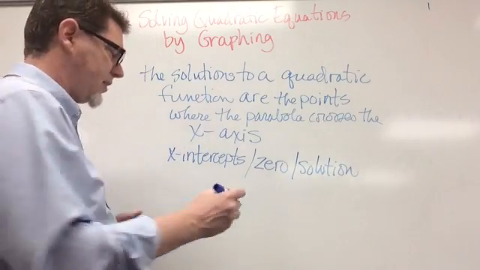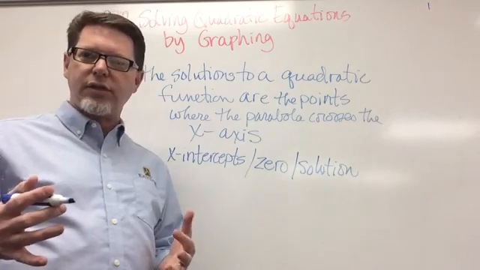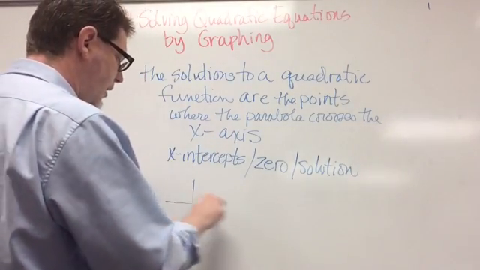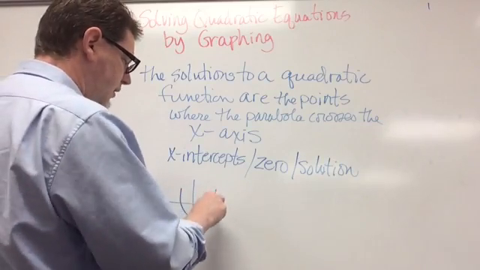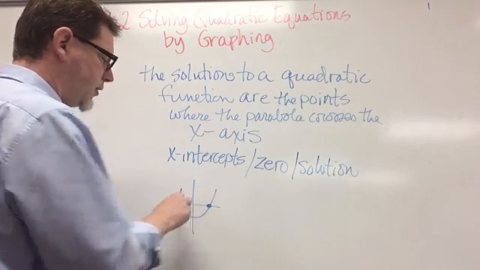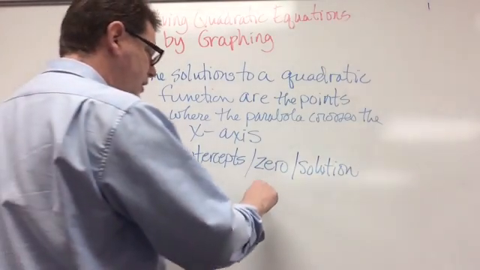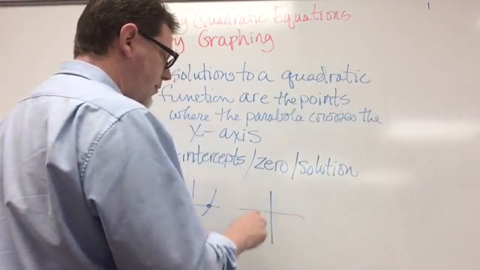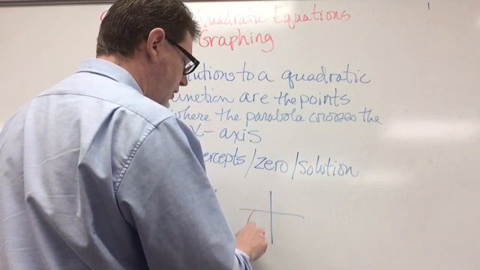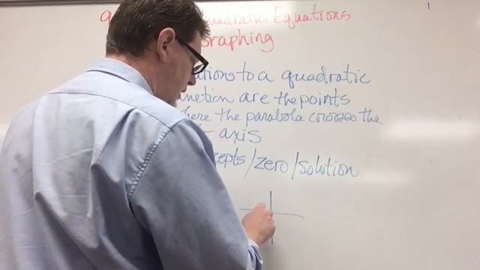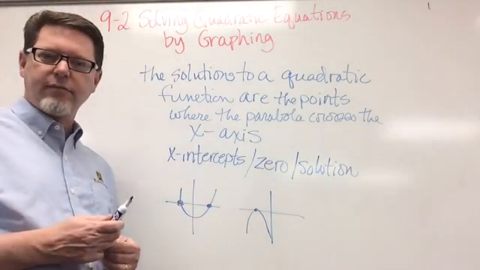So let's see what that kind of looks like. There are 3 options for the number of solutions for a quadratic equation. The first option is if we have a parabola and it crosses the x-axis in 2 different spots. So that would have 2 solutions. Another option could be that we have a parabola, but the vertex is on the x-axis, so it only has 1 solution.